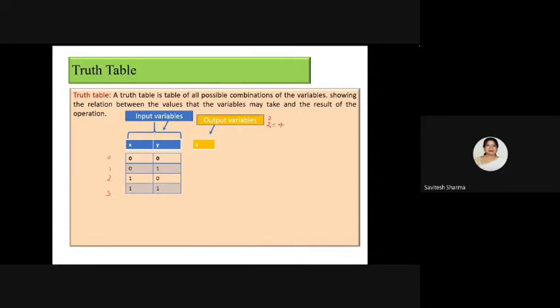Here I am showing a single output variable, z. This dependency of z on x and y is reflected in terms of 0 and 1. That means if your x and y are 0 0, your z is 0. So this is the truth table that shows the relationship between x, y and z.